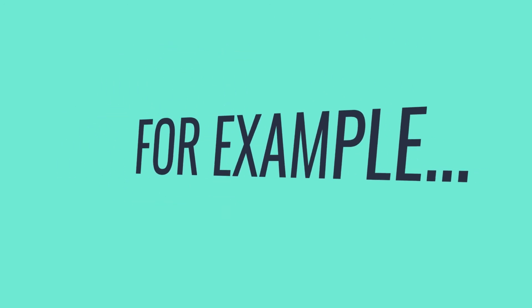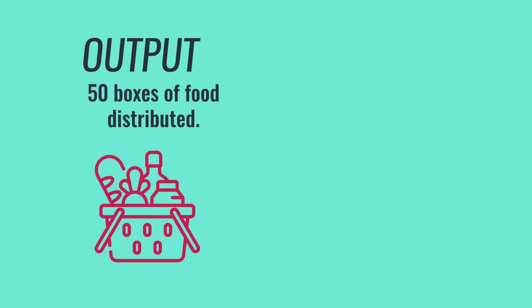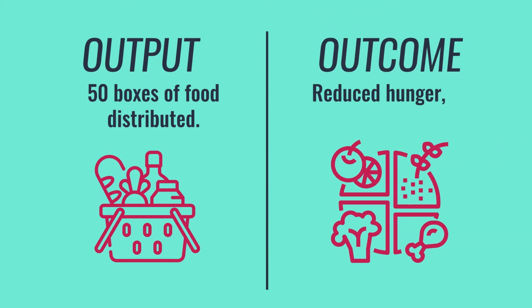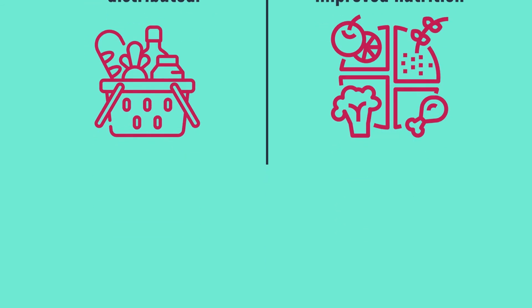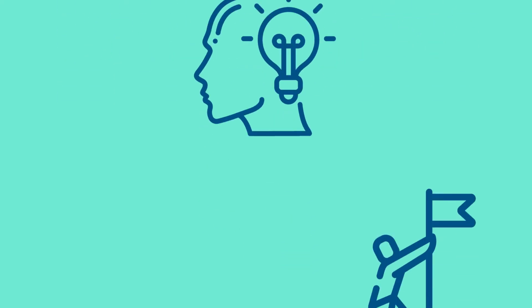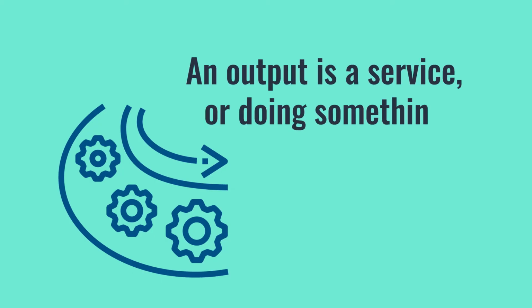For example, if an agency reported that they gave 50 boxes of food, this is an output statement. An outcome would be, we reduced hunger in our community, or improved the nutrition of families in our community. A simple way to think about an outcome versus an output is, an outcome is a change or accomplishing something, an output is a service or doing something.